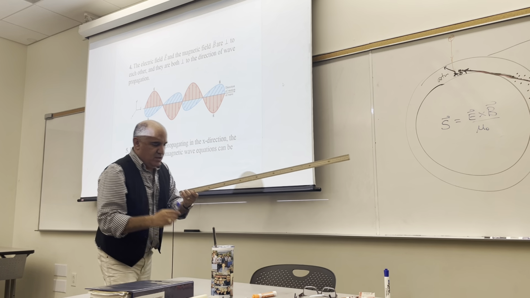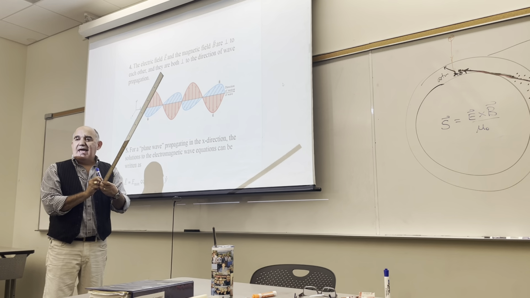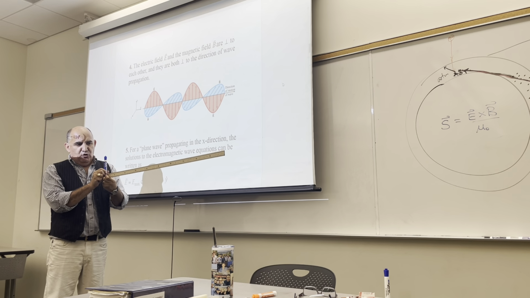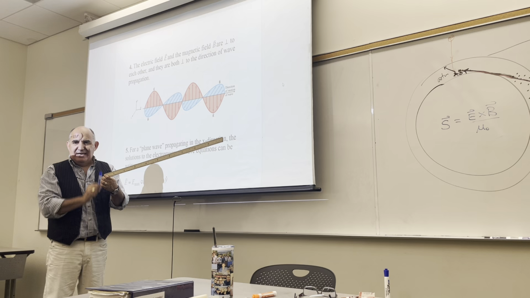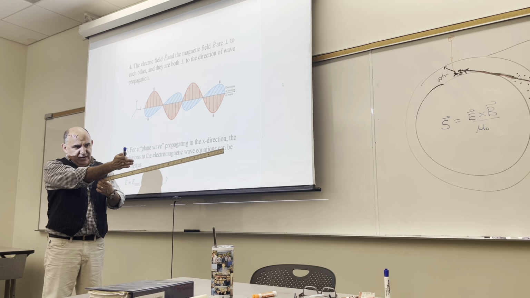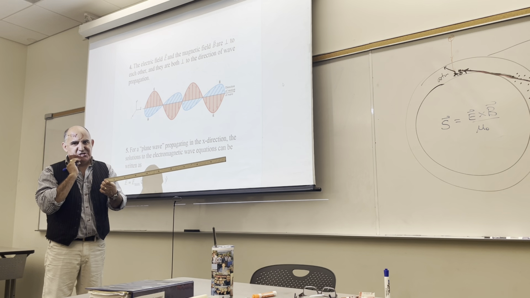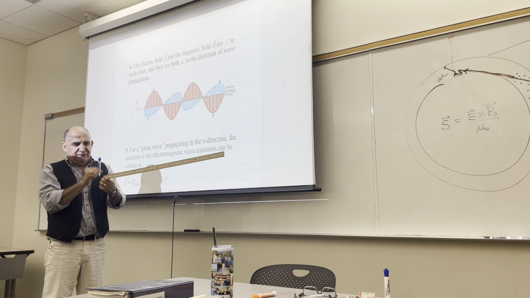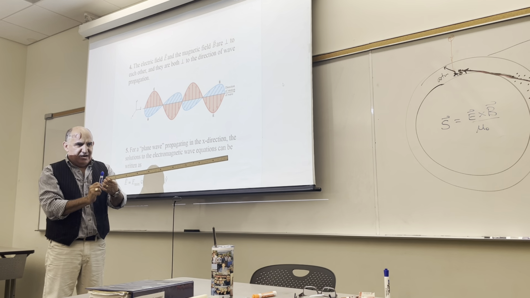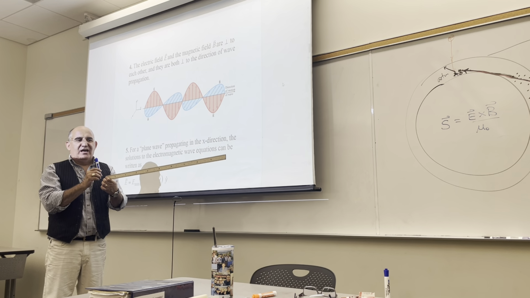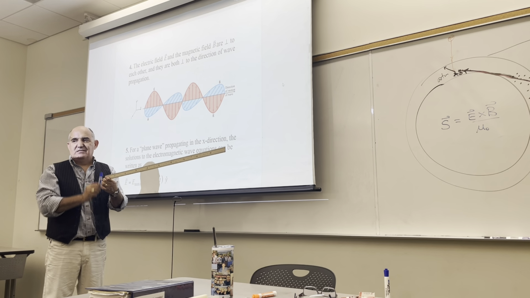So the plane formed by the axis along which the electric field oscillates and the direction that the wave travels, this plane, is called the plane of polarization. And if the electric field is always up and down, up and down, then the light is linearly polarized. So you say the light is linearly polarized along the y-axis.